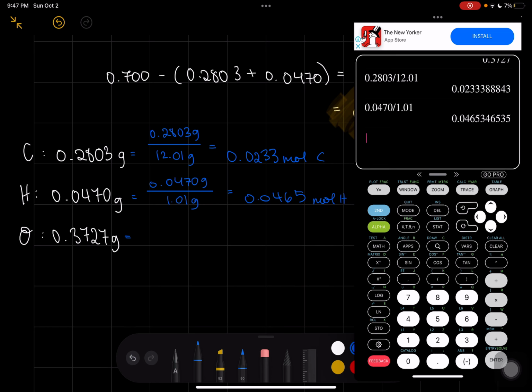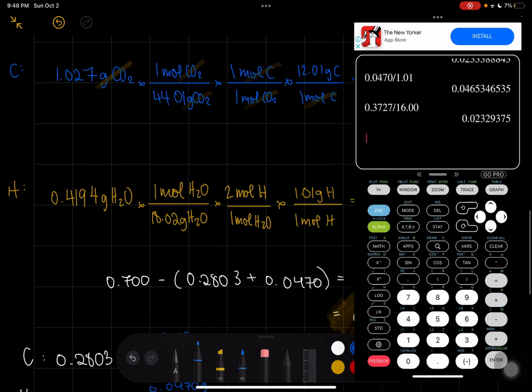And last but definitely not least, we have our oxygen, 0.3. Don't make mistakes, guys. Divided by oxygen, which is 16 grams. We get 0.0233 moles of oxygen.